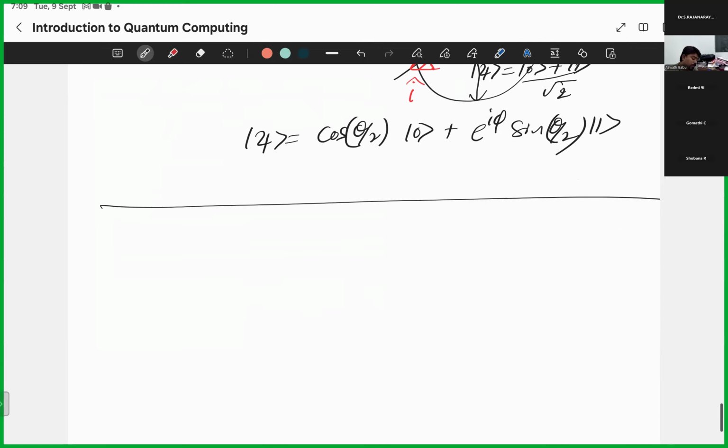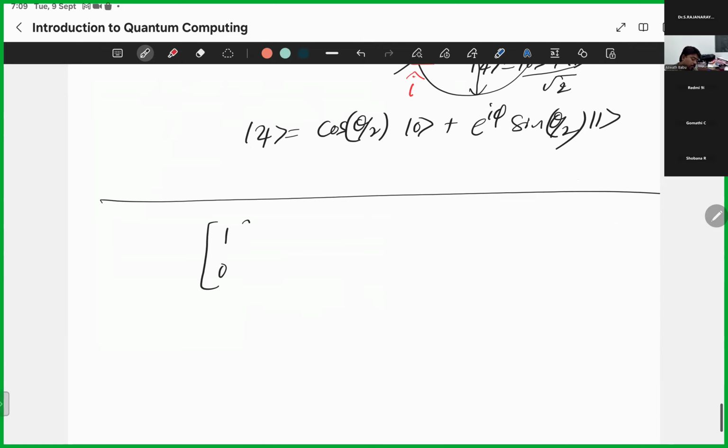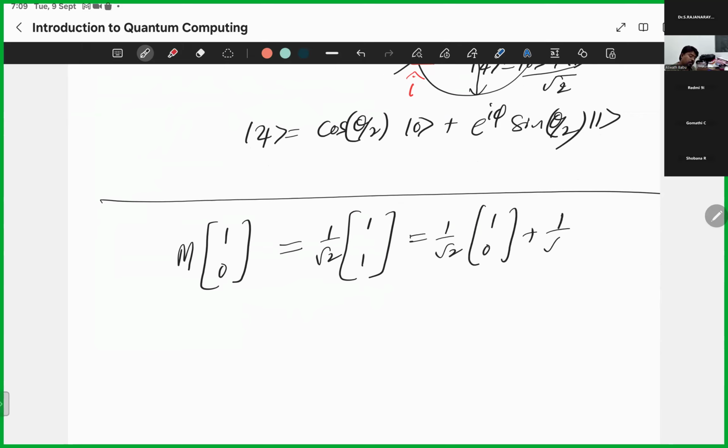Okay, what I mean is, I am starting with (1, 0). I will apply some transformation matrix which is going to give me 1 by square root of 2, (1, 1). Starting from (1, 0) and (0, 1), what is this transformation gate which gives me this?